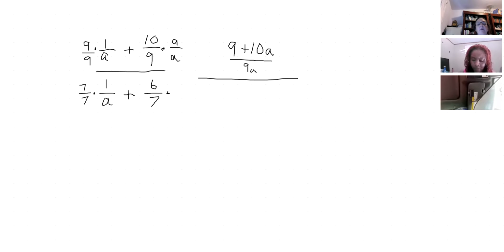So now my numerator of the sum here will be 7 plus 6a over 7a. When you add fractions with the same denominator, you just keep that denominator.